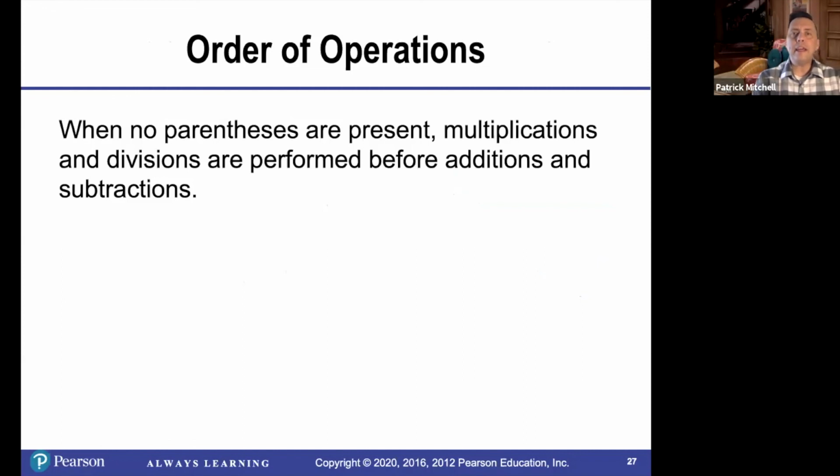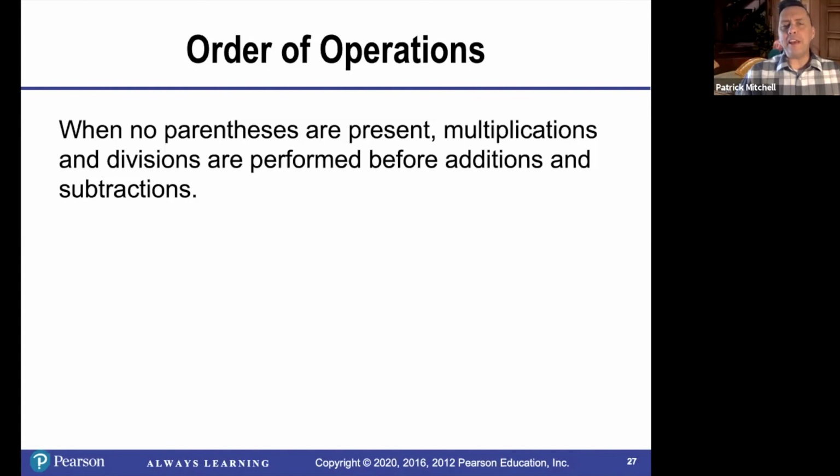And then finally, a little review of order of operations. When no parentheses are present, and I guess no exponents are present, then all we have to worry about is multiplication, division, subtraction, and addition.